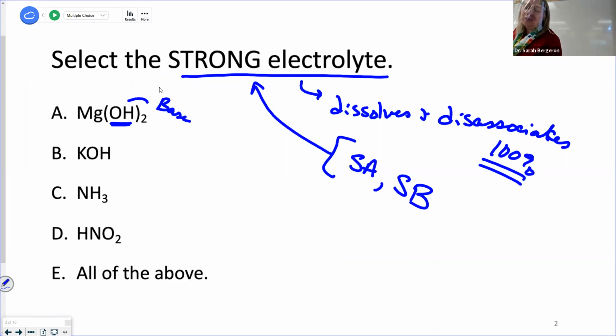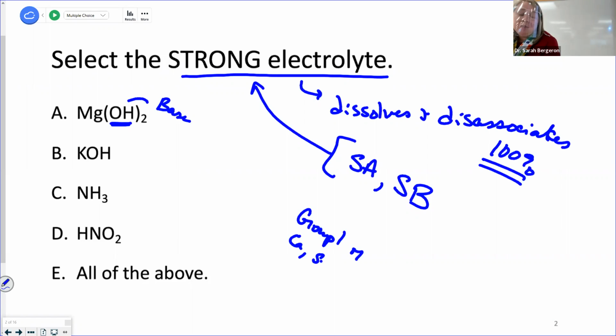What's the rules? What do we look for for strong bases? Acids, bases. What about bases? Group 1, or there are few in group 2. What are the few in group 2? The 3, it's 3 together on there.